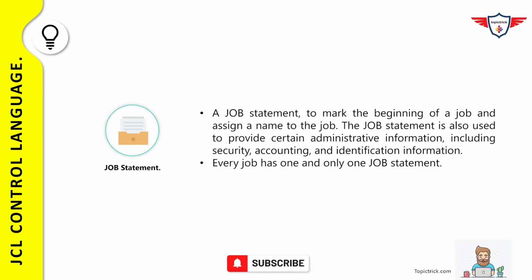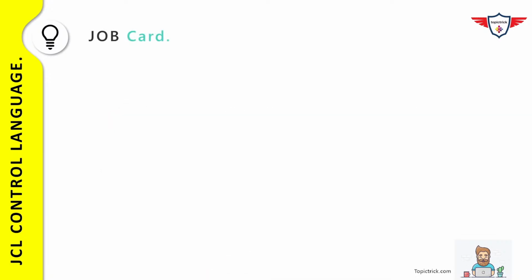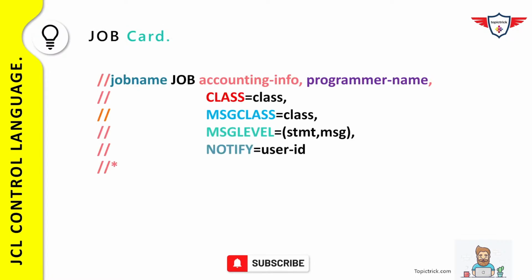Now, let's deep dive into the syntax of the job card. In this section, we will look at different parameters, for example, keyword parameters or positional parameters that are used to define a job card. The syntax of the job control statement is fairly simple and easy to understand. The only thing you need to remember is that you have to use a positional parameter at a specific position, right?